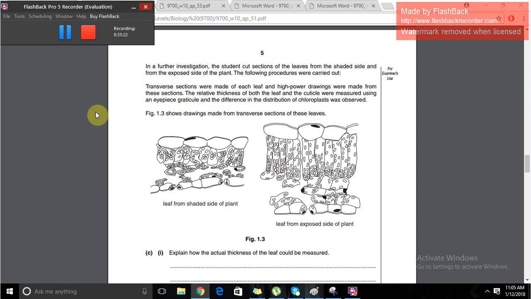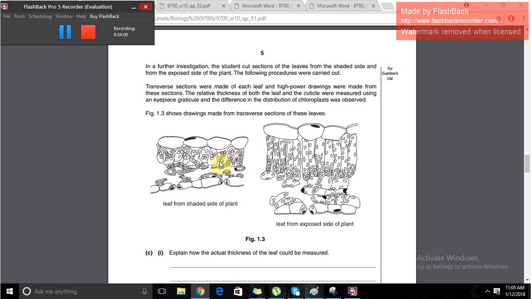Transverse sections were made of each leaf, and high power drawings were made from these sections. And in high power diagrams that you are likely familiar with from AS, you have to include a lot of the finer detail. You actually have to draw the structure of the cells in and of themselves. And so the relative thickness of both the leaf and the cuticle were made using an eyepiece reticule, and the difference in the distribution of the chloroplast was observed. Right? And these are the drawings.